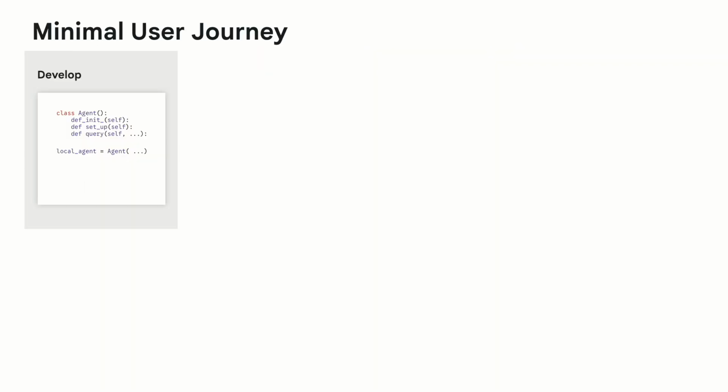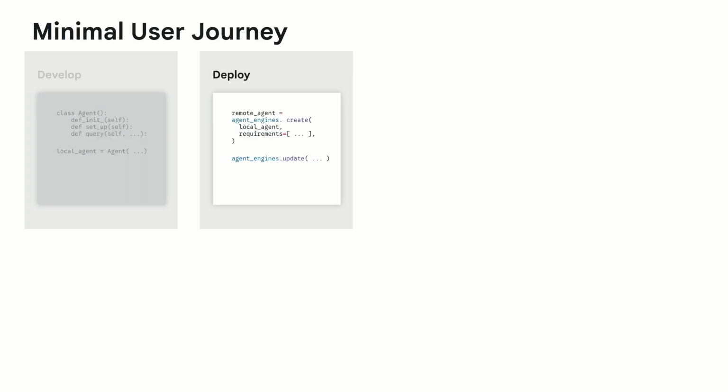Now, let's take a look at the minimal user journey to develop, deploy, and query an agent on Agent Engine. You start by defining your agent locally, conforming to the Agent Engine protocol in the SDK. Once the agent is created and tested locally, a single API call, agent_engines.create, will deploy your agent to Google Cloud seamlessly.